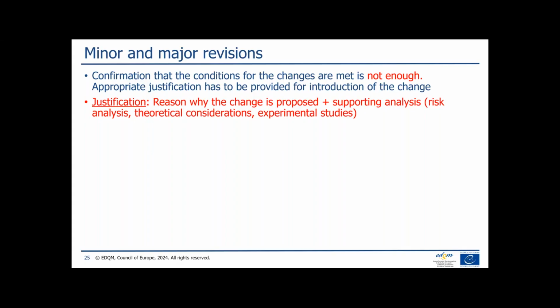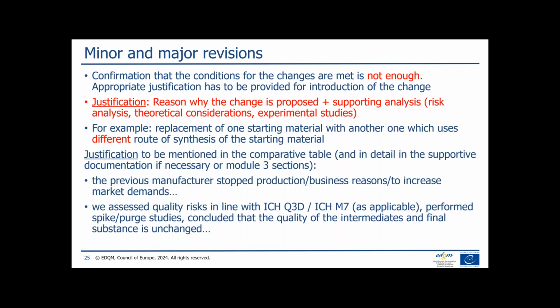So why the change is proposed, plus supporting analysis, whether it is theoretical, risk analysis, or based on some experimental studies or not. And this justification has to be briefly mentioned in the comparative table and, in detail, in the supportive documentation in module 1, for example, or in module 3.